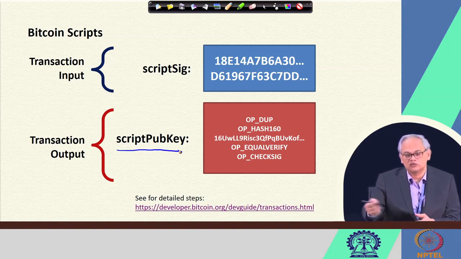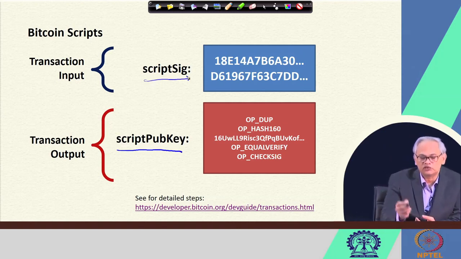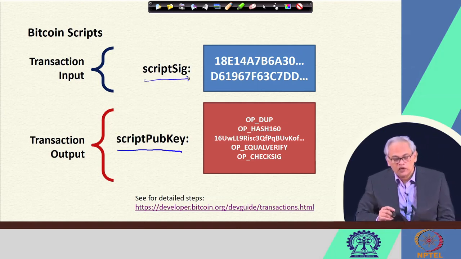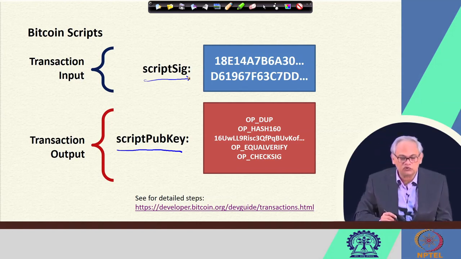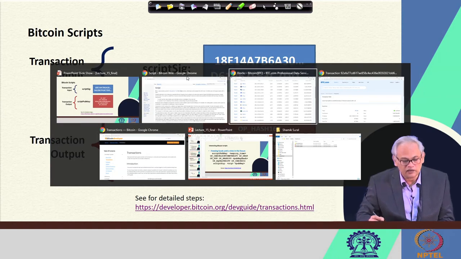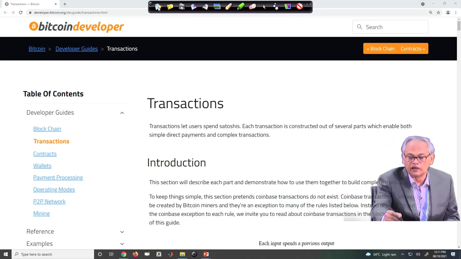And then when Alice has sent, and Bob has got those, Bob will be using the script sig. You can see more of the detailed steps if you go to this particular site, where it talks about details of how the transactions are actually carried out.